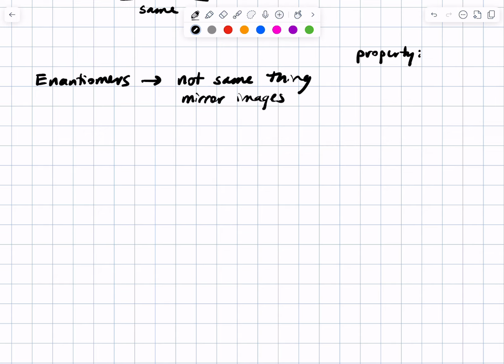If a molecule has an enantiomer, that is, if it's not the same thing as its mirror image, then the molecule is said to be chiral. So the property is chirality. And you can use the term chiral as an adjective to describe a molecule that is not the same as its mirror image. So enantiomers, because they are not the same as each other, they are chiral molecules.